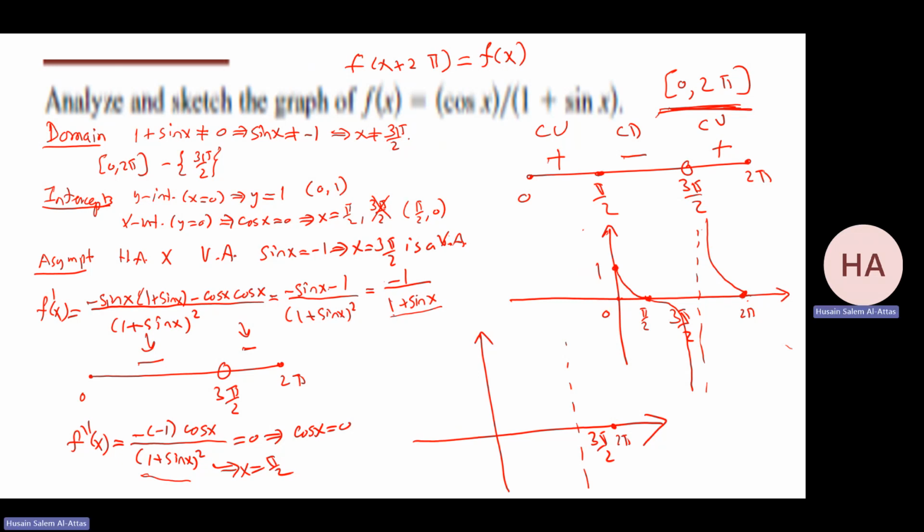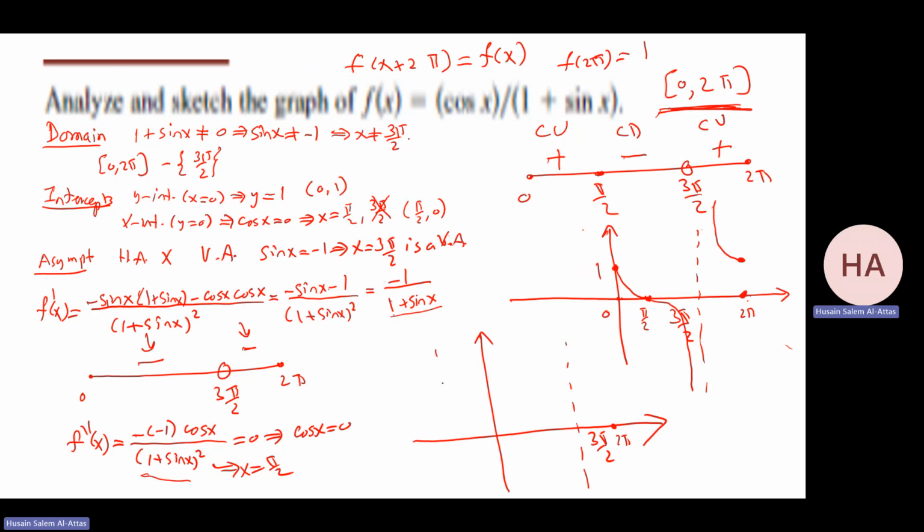I know at 2 pi it's 1, not 0. F of 2 pi is 1. So up to here.